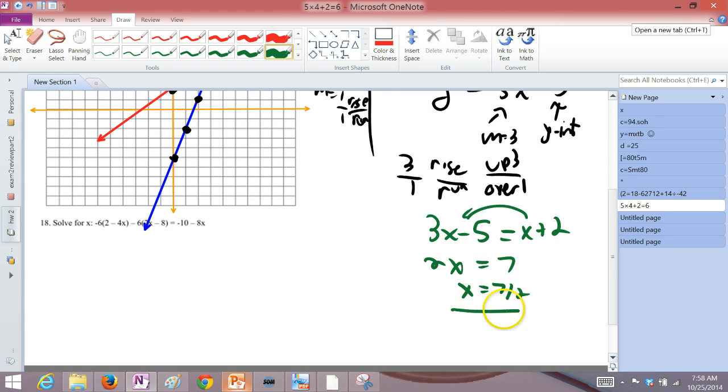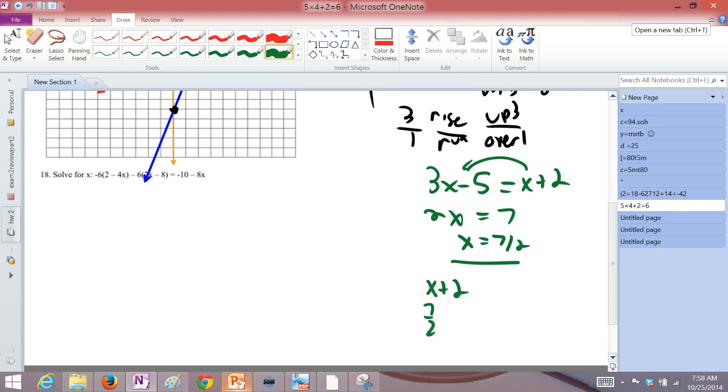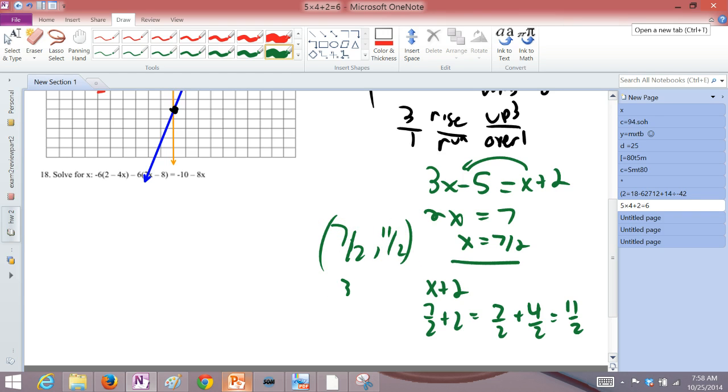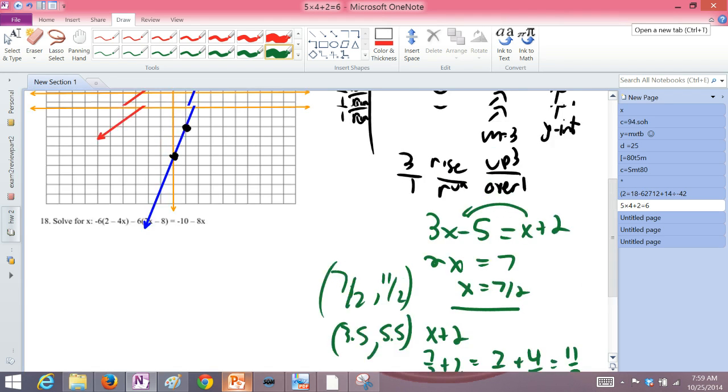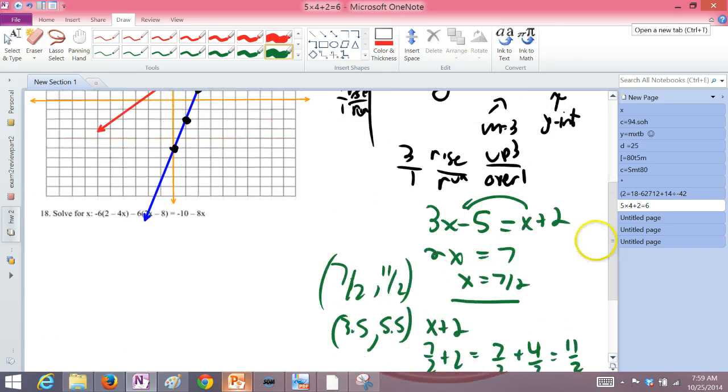And if x is 7/2, x plus 2 would be 11/2. So, yeah, 7/2, 11/2, or 3.5, 5.5. Wow. Usually they intersect in a grid point to make it easier for you, but anyway, there we go.